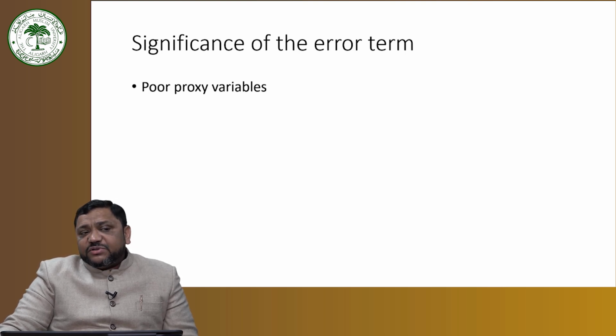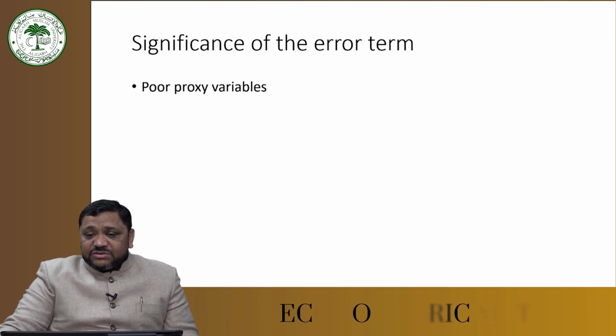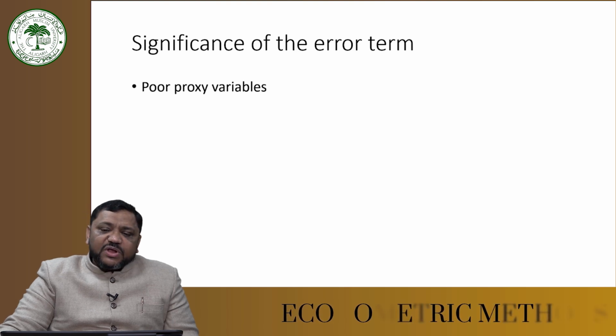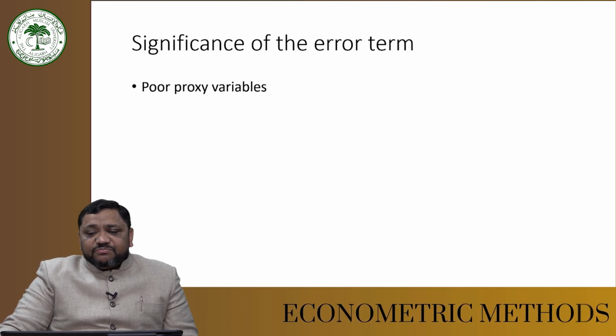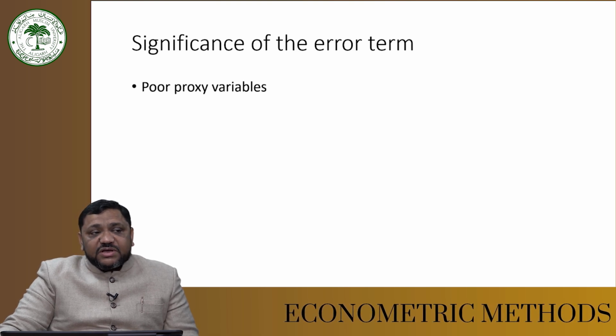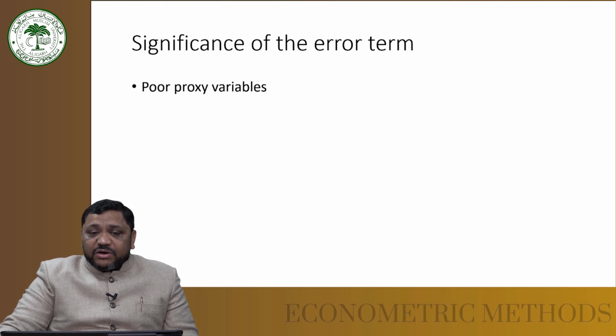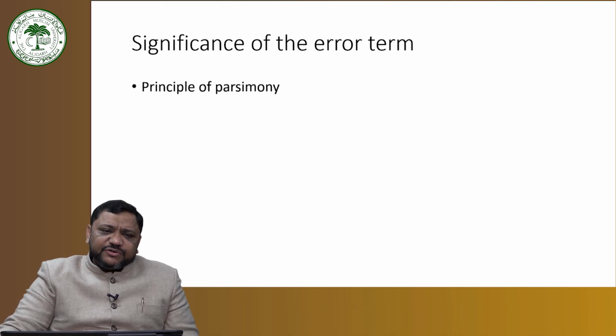But as observed, these proxy dependent and independent variables may not precisely correspond to permanent consumption and permanent income. In that case, measurement error is a matter of concern. In such cases, the disturbance term may also signify the measurement error. If these measurement errors exist, they can significantly impact the estimation of your beta 1 and beta 0, that is, the regression coefficients.